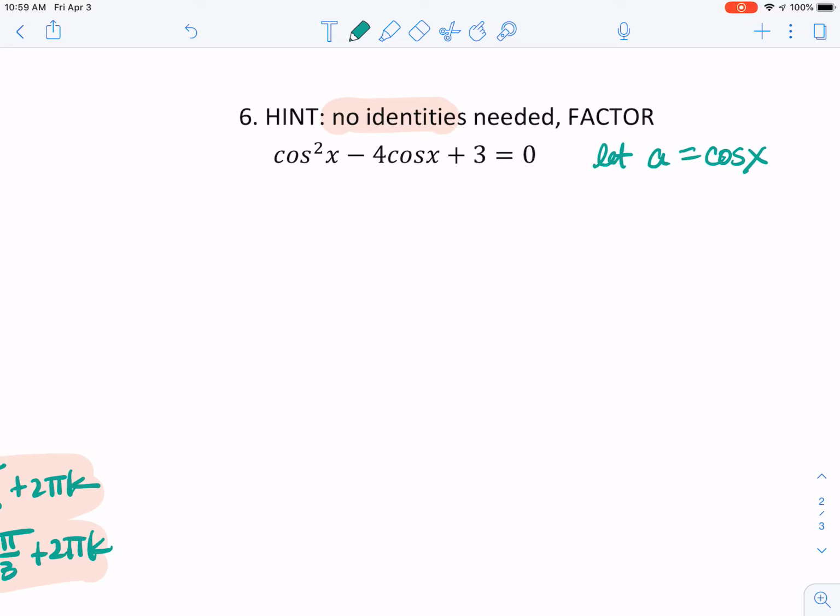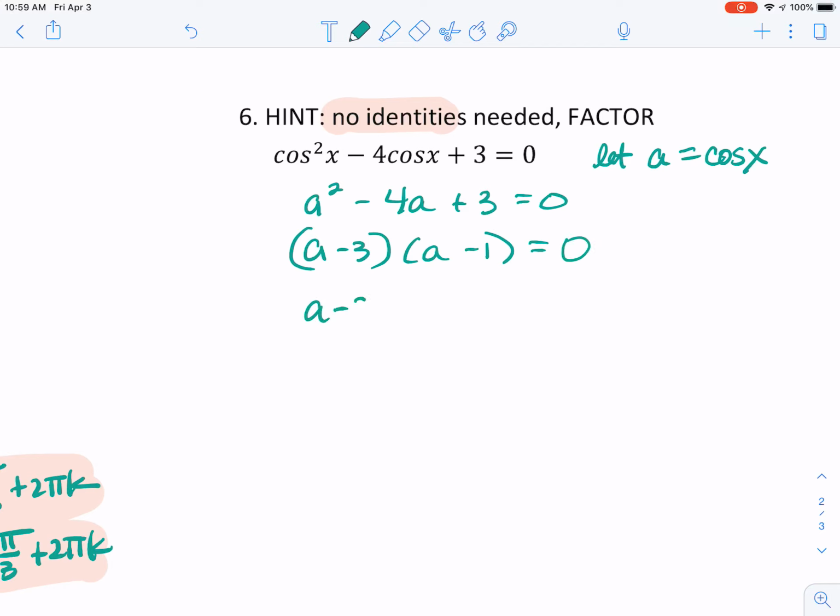I'm going to replace all of the cosines with A. So this will become A squared minus 4A plus 3 equals 0. So then we're just going to factor these. That's going to factor to A minus 3 and A minus 1, because that multiplies to positive 3 and adds up to 4. And then I can set each factor equal to 0 separately.